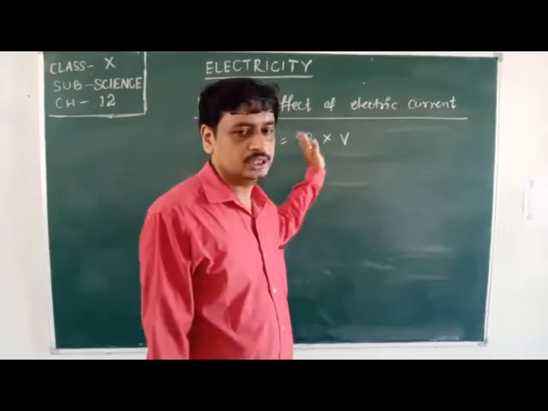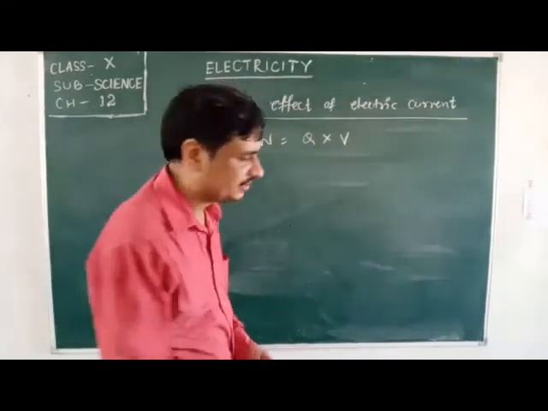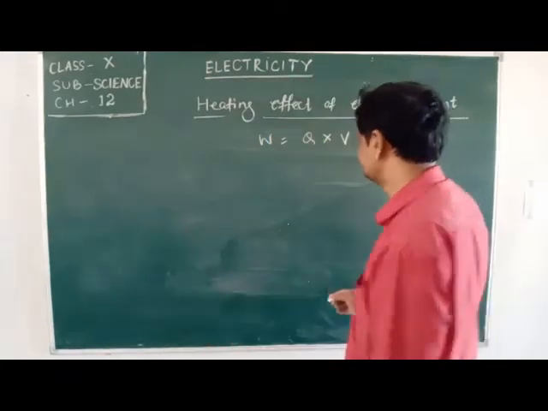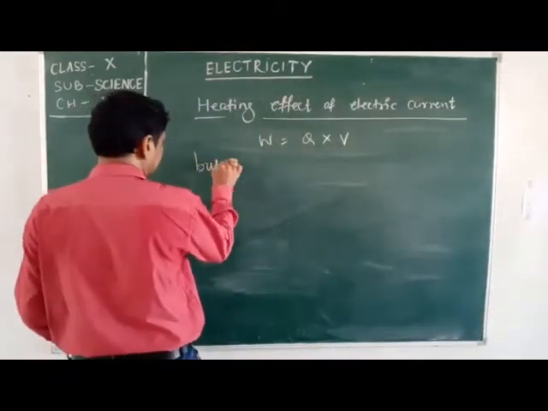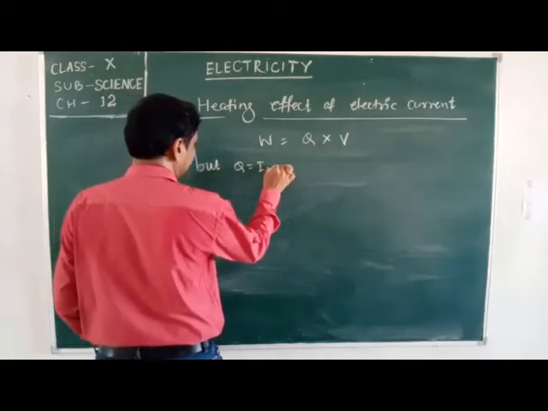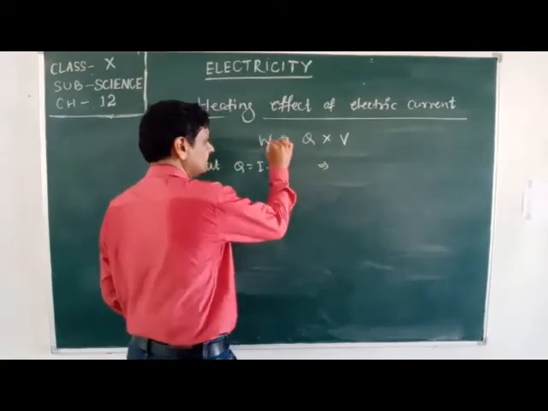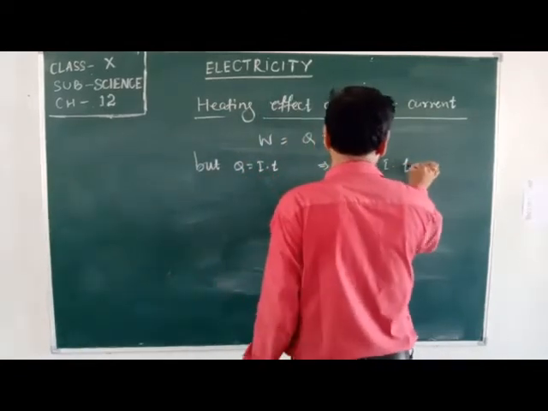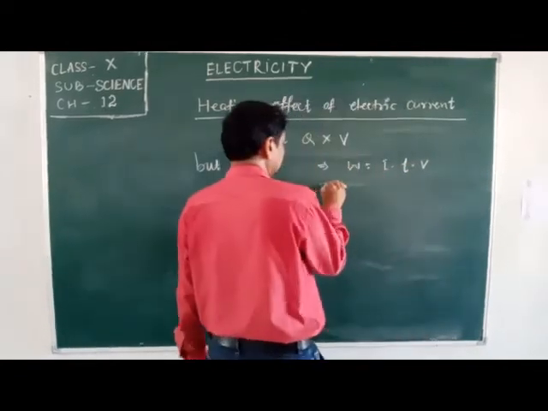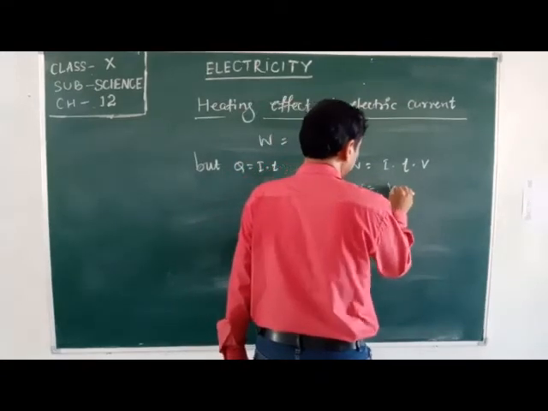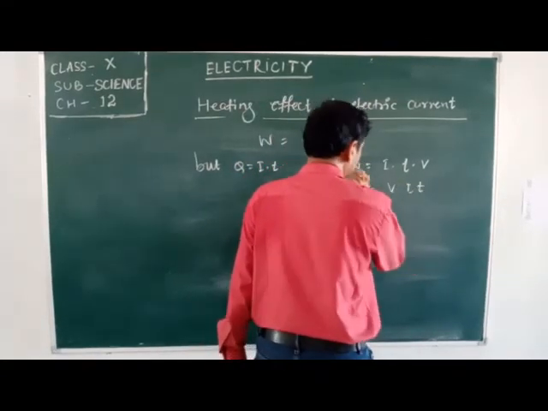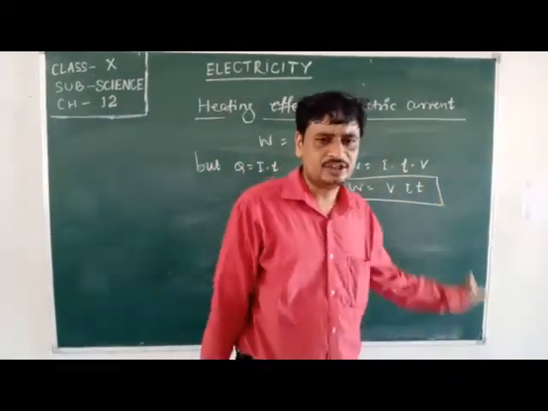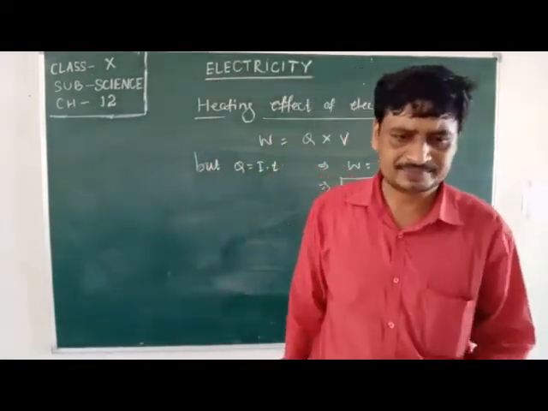W is equal to Q into V. But we know Q is equal to I into T. This implies W is equal to I into T into V. Here W is equal to V I T. It is a relation between the amount of work done, potential difference, current, and time.